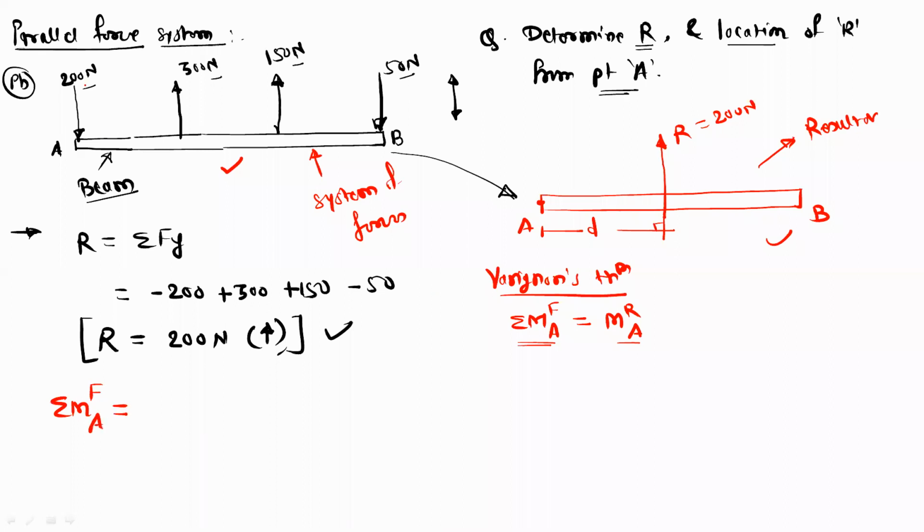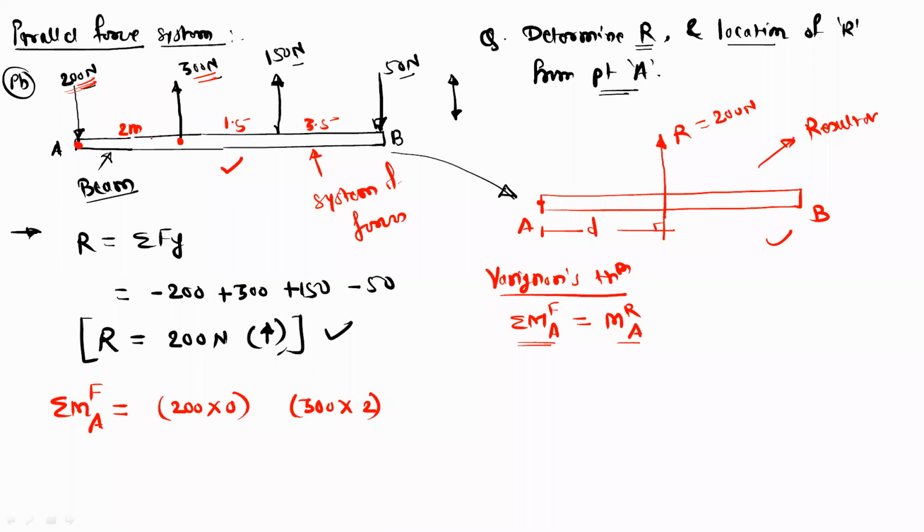It is equal to, so start from the 200 Newton. So for 200 Newton, if I write the moment equation, 200 into perpendicular distance from A. So as the 200 Newton is passing through the point A, perpendicular distance is 0. So moment will be 0. Then for 300 Newton, perpendicular distance is 2 meter with respect to point A. So moment will be 300 into 2 meter.